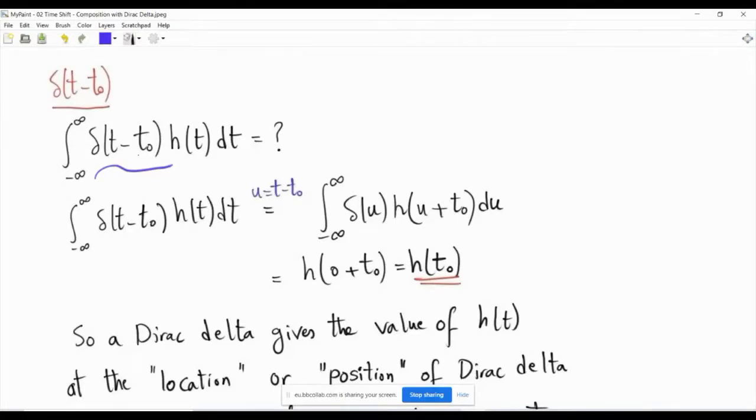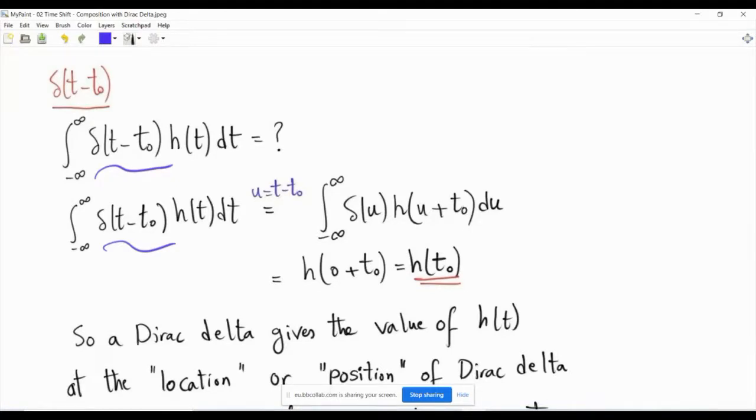So the idea is always to try to get your stuff in the form of an integral in which the Dirac delta, without any shifts or any time scaling, is multiplied by some function. Okay, so if you want to understand delta t minus t0, what is this thing?